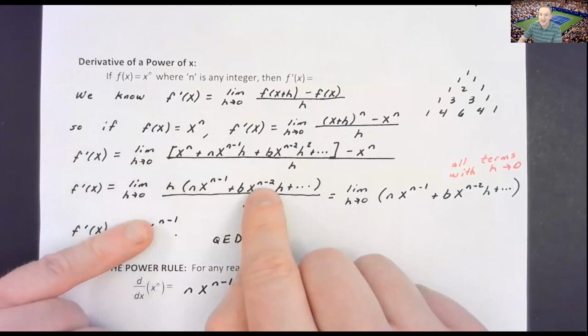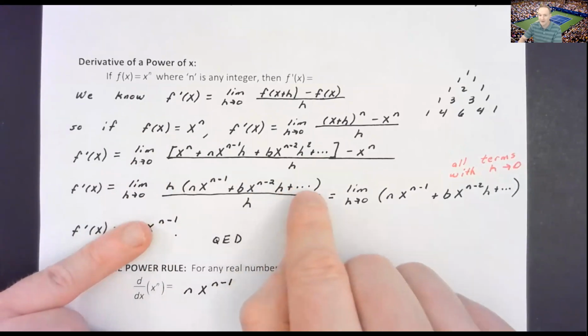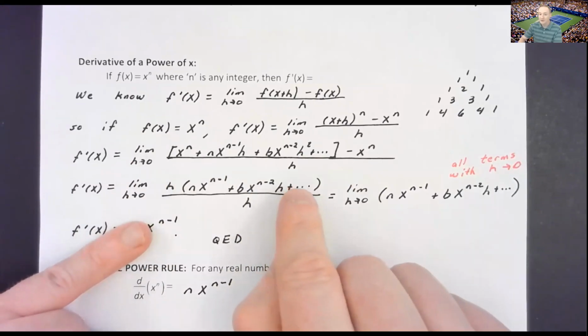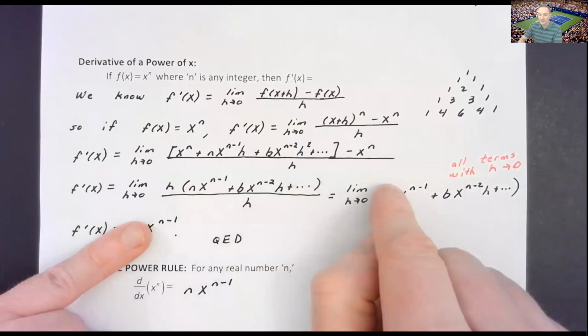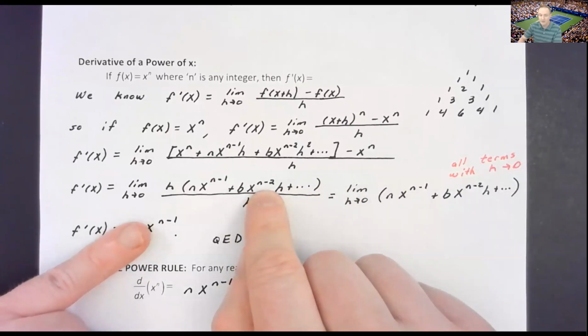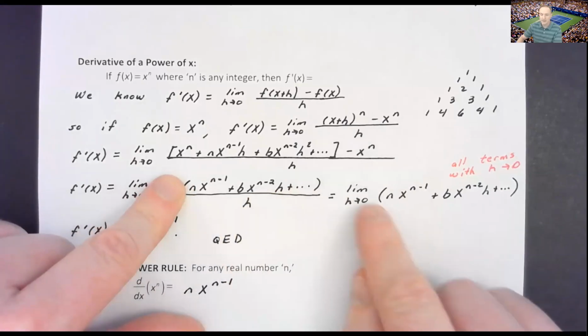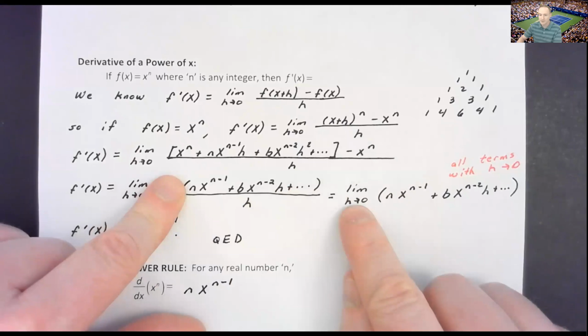So any terms that have a factor of h remaining in them, and please remember, every successive term is going to have an increasingly higher power of h, are all multiplied by 0, including this second term. So you'd say, well, okay, after I eliminate h, then I allow the limit as h to approach 0.